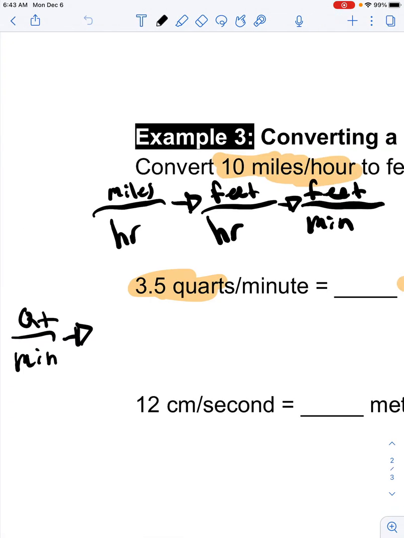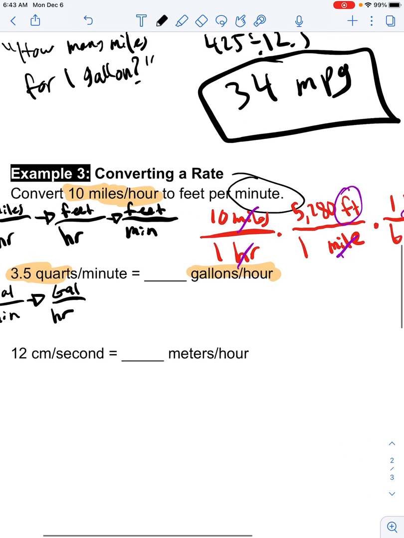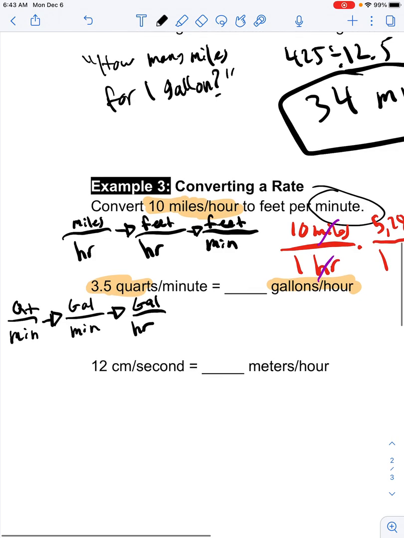So if I'm using that information, I can go directly from quarts to gallons, but I still have minutes on the bottom. So then I'm going to need to change minutes into hours. So here's gallons per hour, and that's what our goal was to end with. So let's plug in some numbers.